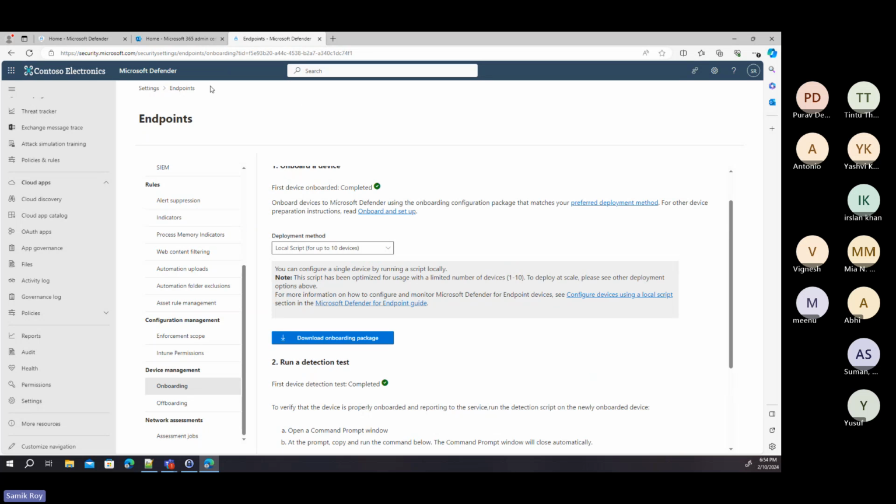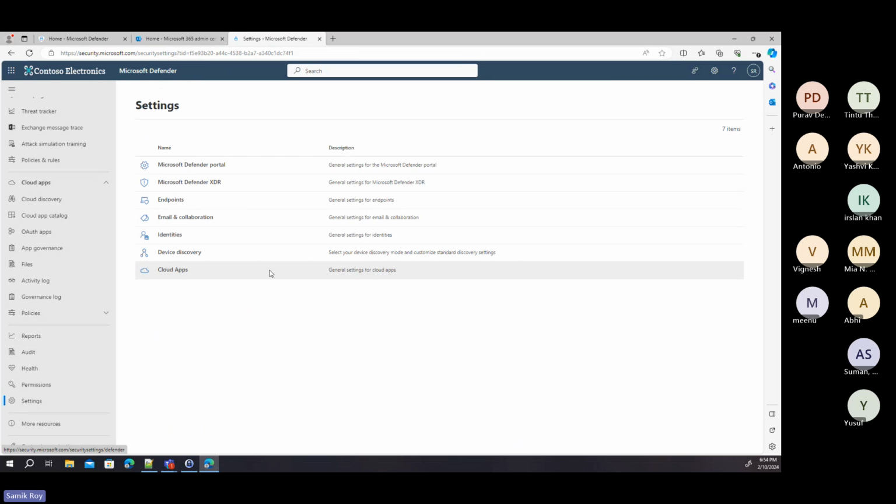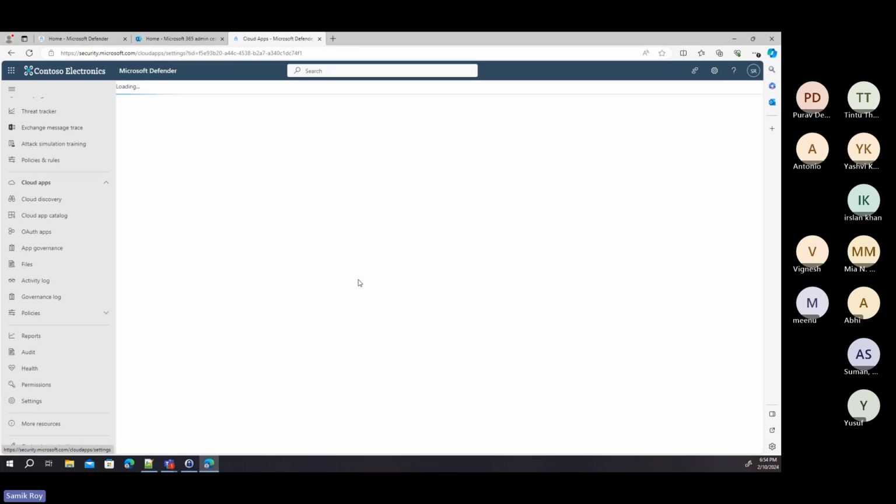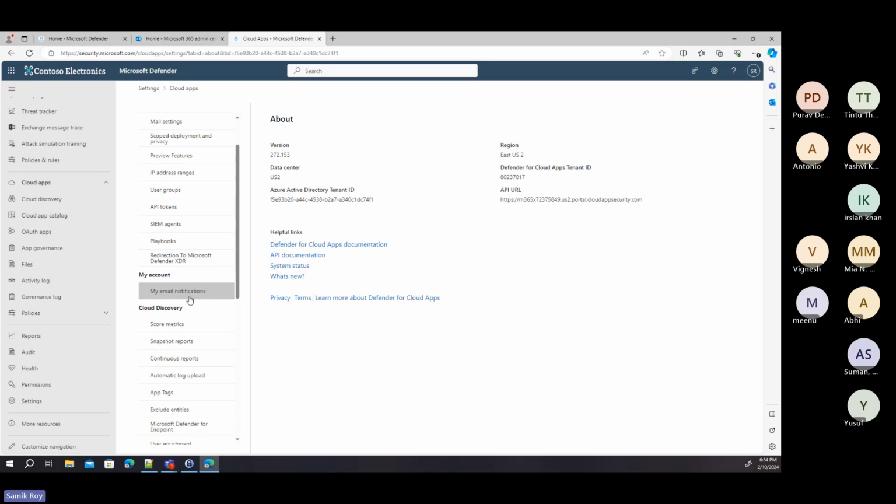Similar to that, if we want to do something around cloud apps, we click on cloud apps, and it shows the cloud app specific settings. And let's say if you want to configure app governance or onboard an app, those are the things which can be defined within cloud app specific settings, as you can see here.